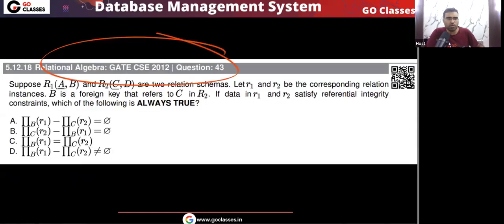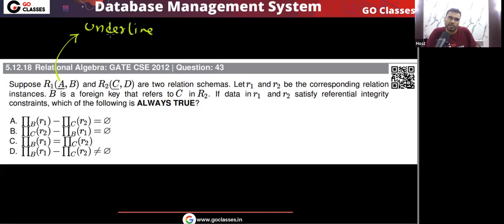Now let's move on. Let's solve this GATE 2012 question. Suppose R1(A, B), R2(C, D). What does this underline mean? You can see in R1, A is underlined. Underline means primary key.